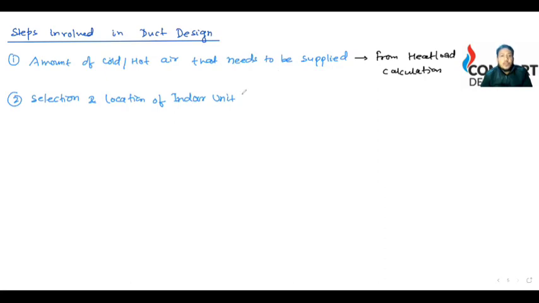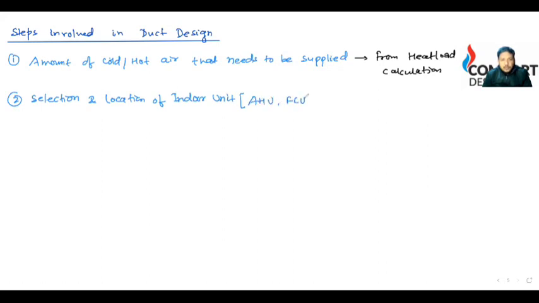Let me explain what the types of indoor unit can be. What can the indoor unit be? No, it cannot be wall mounted. As of now we are discussing things related to ducting, so the indoor unit can be those units where ducting is possible. The options are either your AHU, air handling unit, first one.